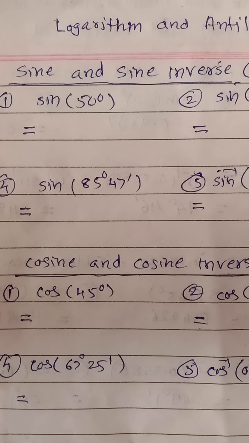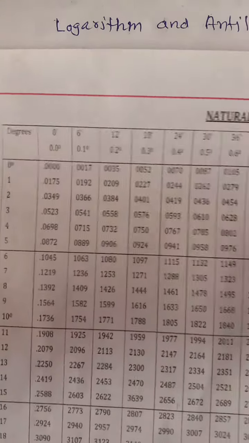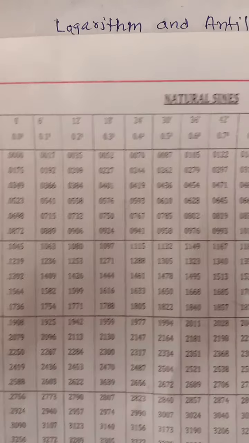So in order to find the value of sine of any given angle, if that angle is given in terms of only degrees, then we can find its value from the natural sine table.